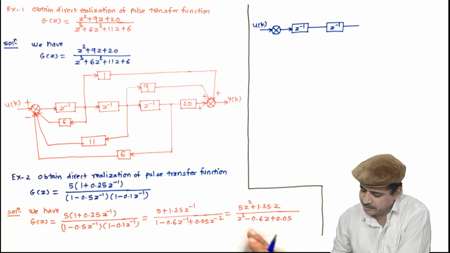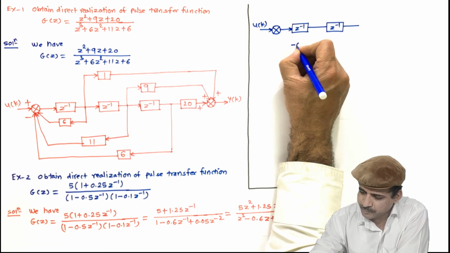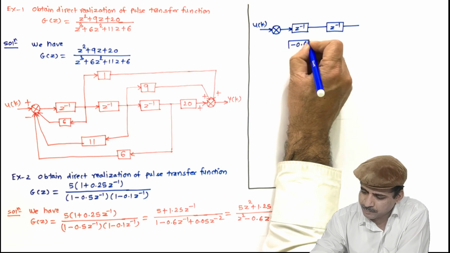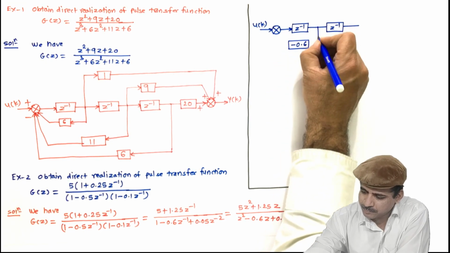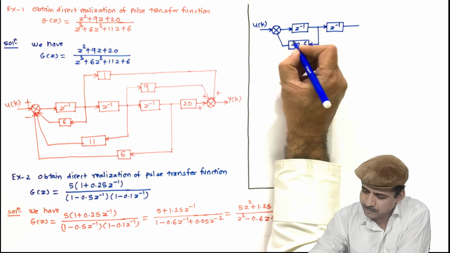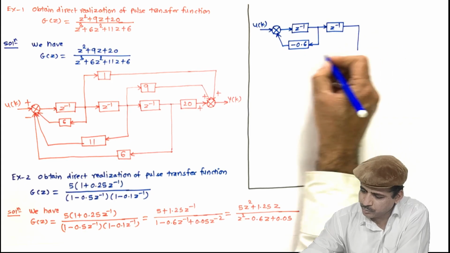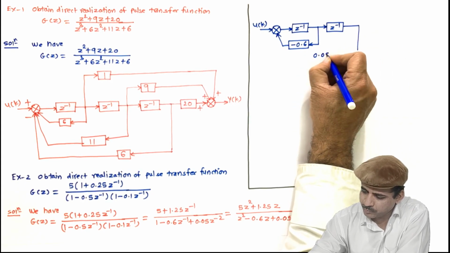And now let us get the realization of the denominator. So the coefficient of z is minus 0.6. The coefficient of z raised to 0 is 0.05.